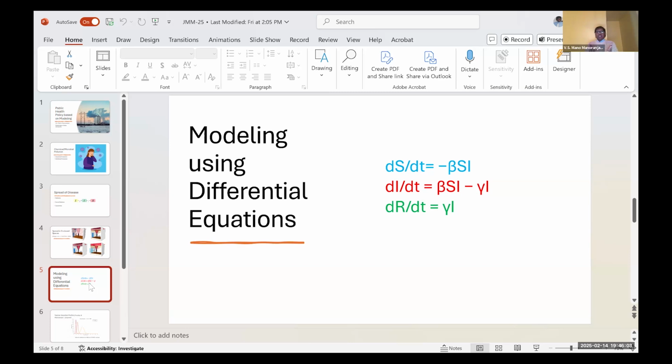Then you ask the question. Now, we have assumed here that beta, the rate of transmission, and gamma, the rate of removal, are all constants. Now, what is gamma? How do we come up with a number for gamma? How do you estimate a value for gamma? Because gamma is the rate of removal. So I say, okay, let us think about COVID-19. When somebody got infected with the COVID-19 virus, what was the recommendation?